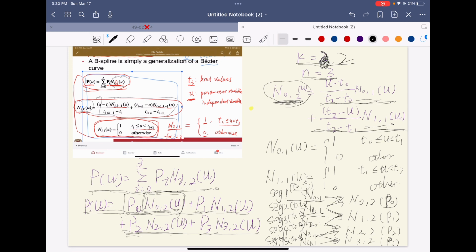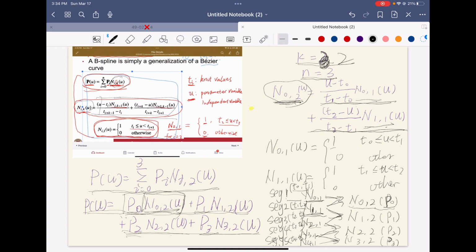For N0,1 and N1,1, the slides tell you the values, right? When u is between t0 and t1, N0,1 is equal to 1, and otherwise it's 0. Same thing for N1,1: when u is between t1 and t2, N1,1 is equal to 1, otherwise it's 0. So that means we go down, we have N0,2, right? To represent P0, we need N0,1 and N1,1 to get N0,2. For N1,2, we need N1,1 and N2,1.